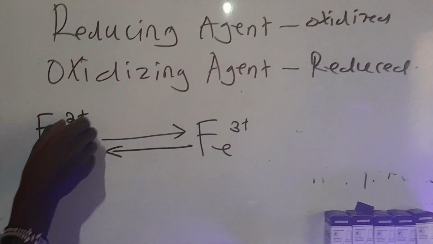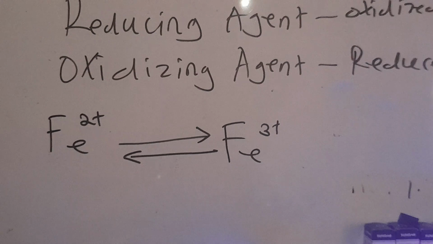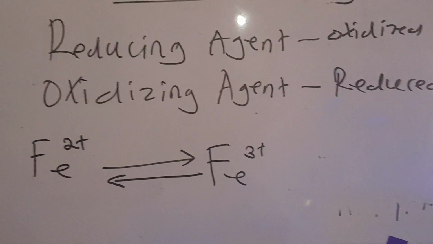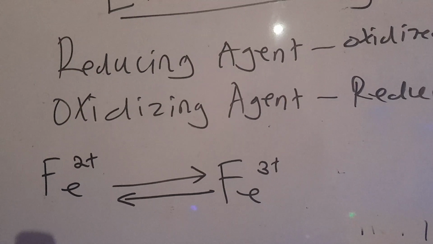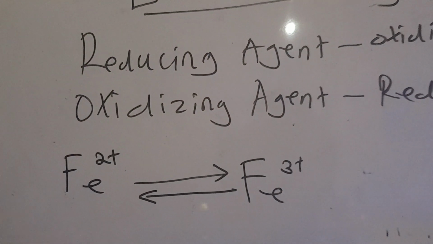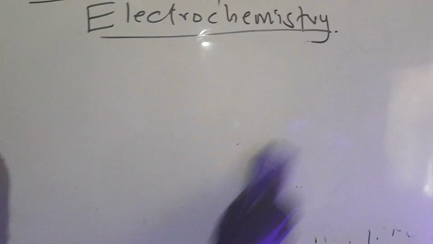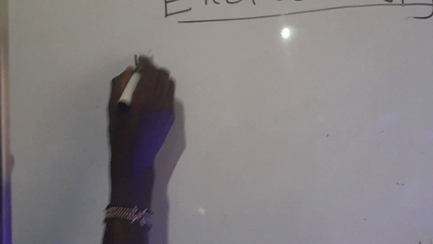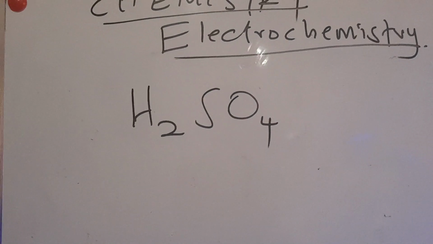Now, how do we get these oxidation numbers? Someone might ask. That will link us to our next session, whereby we shall be calculating oxidation numbers of atoms in a molecule. For example, you'll be asked a question, or you find somewhere, sulfuric 6 acid.